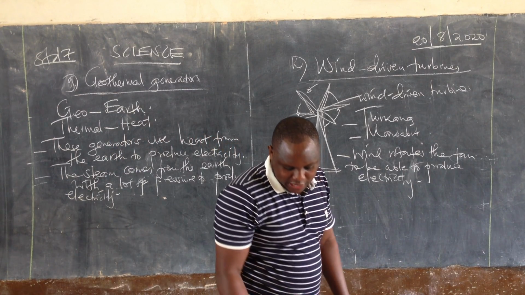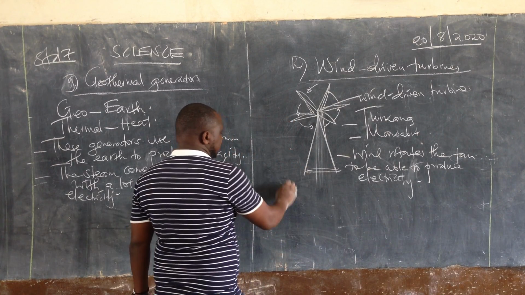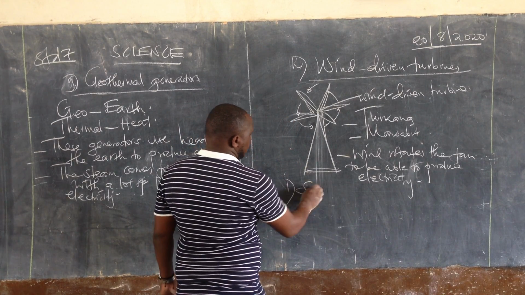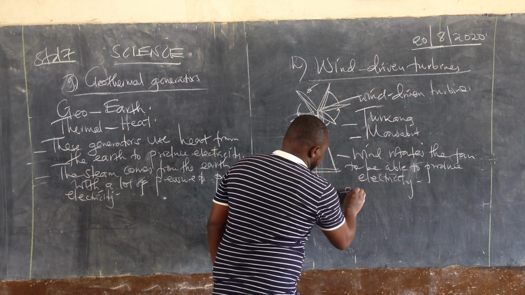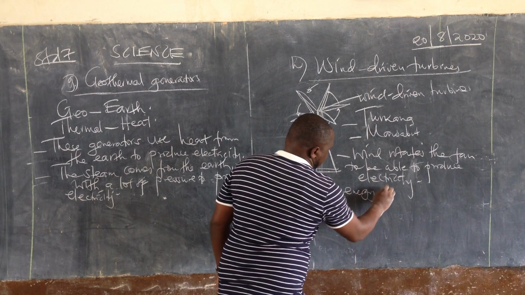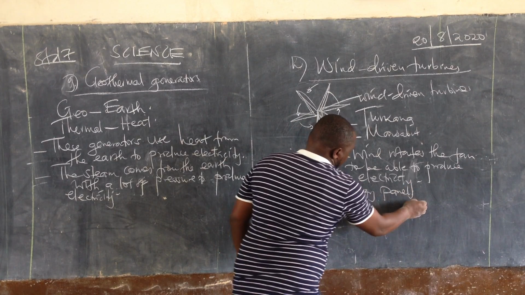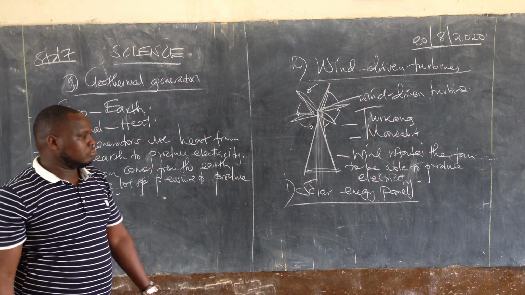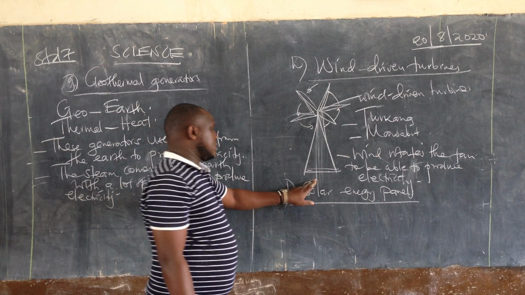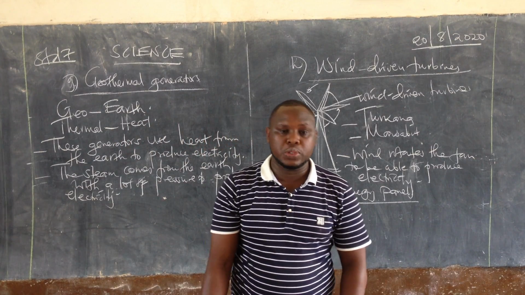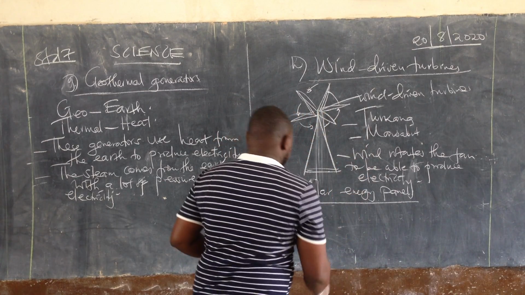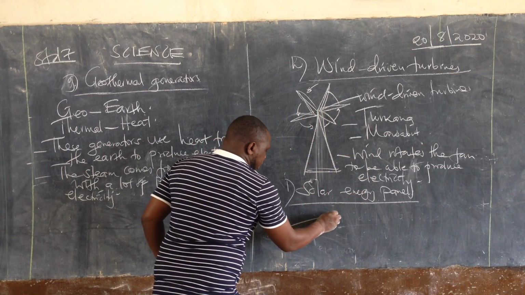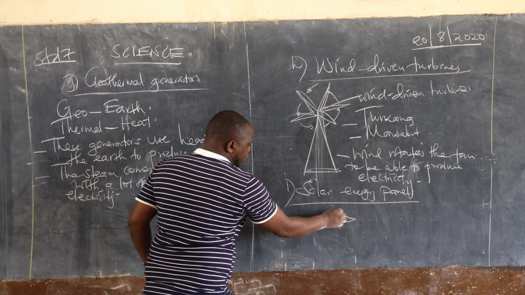Last but not least, learner, we have the solar panels. The solar energy panels. I know you know this, learner. The solar energy panels are used basically to produce electricity. I'm sure you have seen things like this put on buildings, on top of buildings.